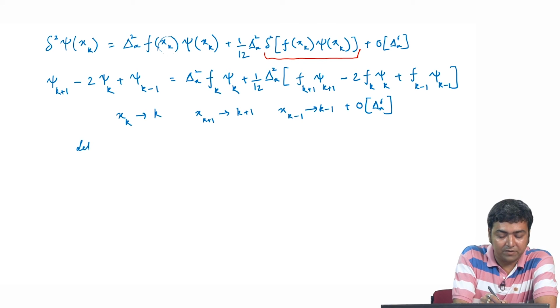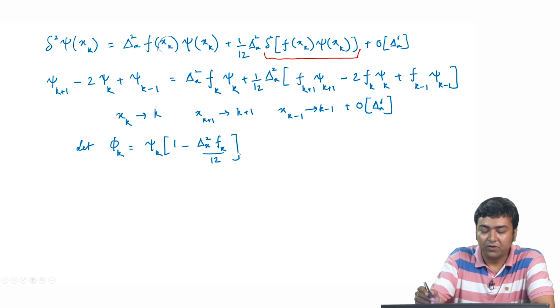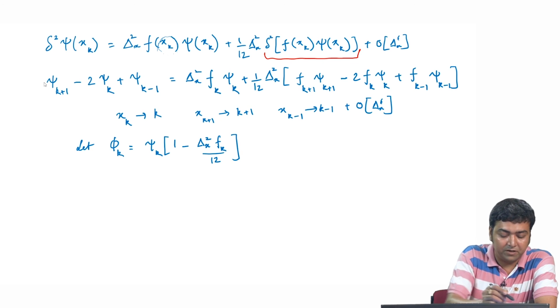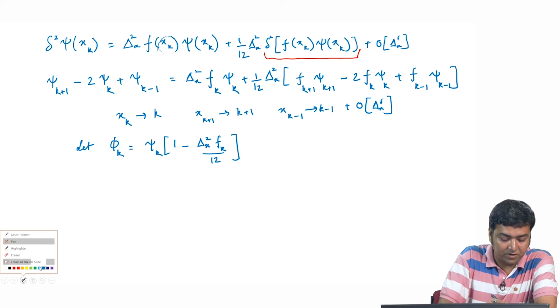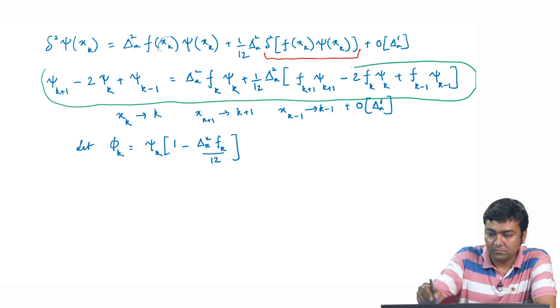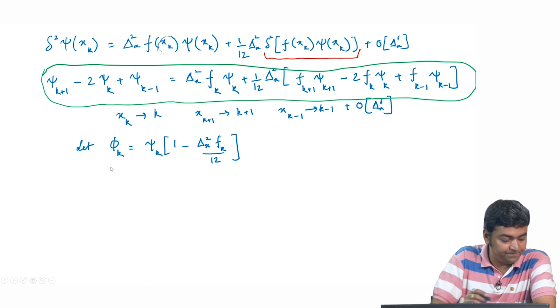Let us define another variable, phi k, as the product of psi k into 1 minus del x square f k by 12. Now I will rewrite the equation marked with the green line in terms of phi k.